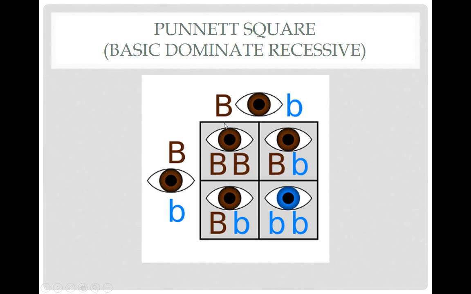And then same here, this big capital B down here, lowercase b, and then finally the 2 lowercase b's down here. When you look at this, we have 3 dominant situations and only 1 recessive. So the chances, as you can see here, are a 75% chance that this offspring will have brown eyes, whereas there's only a 25% chance that the offspring will have blue eyes.